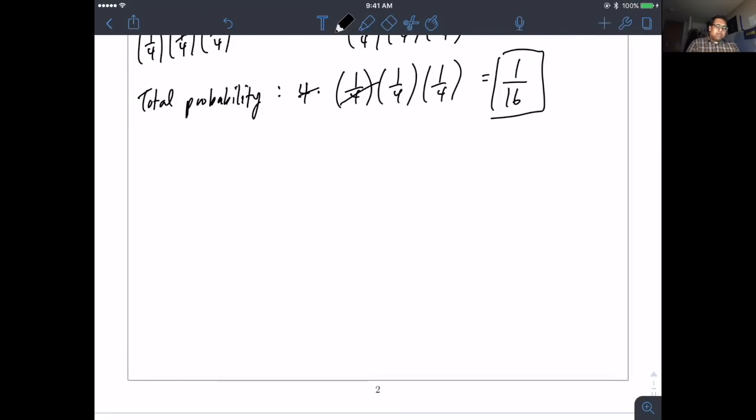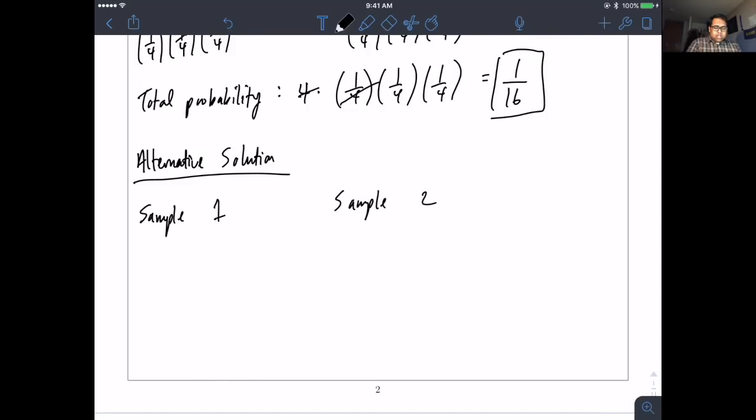So an alternative approach to this question would be to say, hey, look, we're going to sample one color, sample a second color, and sample a third color. So we'll randomly pick some color for our first sample, right?